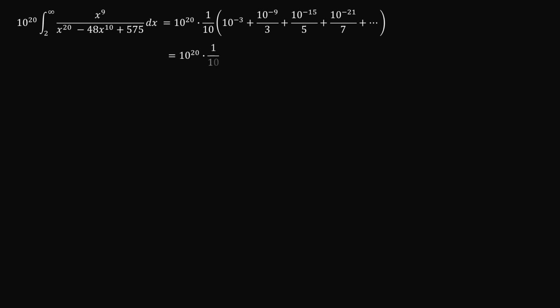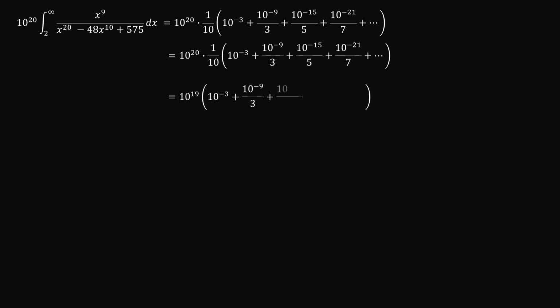So that gives us the answer, which is first of all 10 to the power 19 times again 10 to the minus 3 plus 10 to the minus 9 over 3, 10 to the power minus 15 over 5 plus 10 to the minus 21 over 7. So we can now reduce that into 10 to the power 16 plus 10 to the power 10 over 3, 10 to the power 4 over 5, 10 to the power minus 2 over 3.